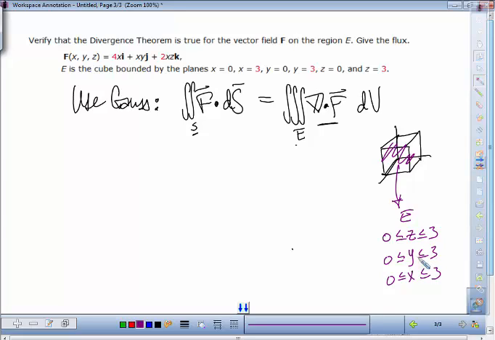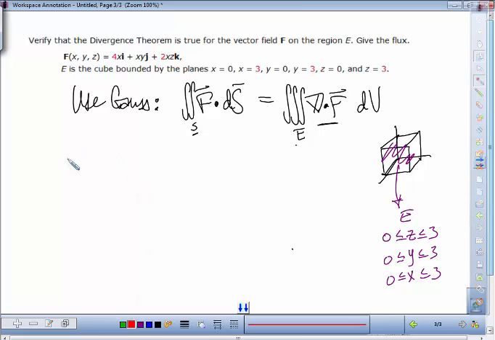So immediately there are 2 things that make this easy. One is that you're going to integrate just one integral because there's only one solid instead of 6 surfaces. Two, you're going to take the derivative of something. And usually when you take derivatives of things, it becomes a little bit easier.